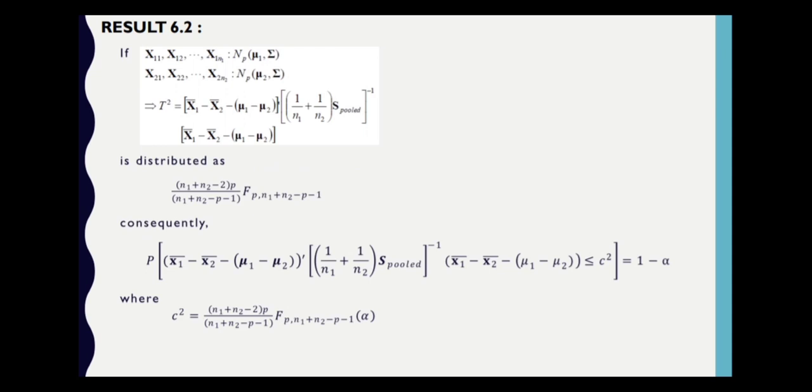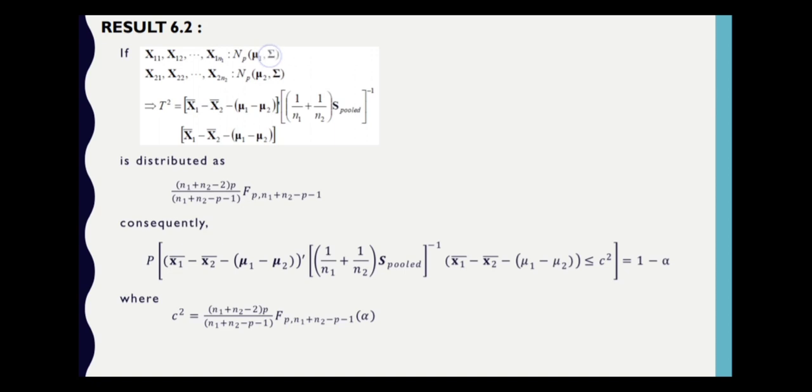Okay, let's see the results of 6.2 from your textbook, on page 286. This is the way we create the test statistic T-square.